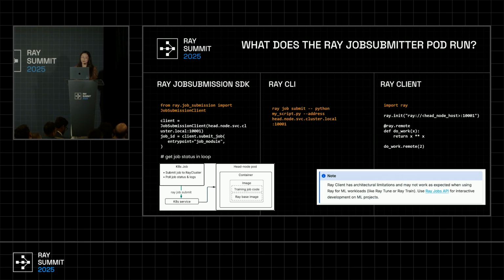We found this Ray client method mentioned in a couple of companies' tech blogs, but the documentation mentions that there are architectural limitations, so we didn't pursue this. The Ray job submission Python SDK and the Ray CLI use the same Ray jobs API. We went with writing Python code just because it's more readable code. And we packaged this code into a container image and run it on the Kubernetes native job.